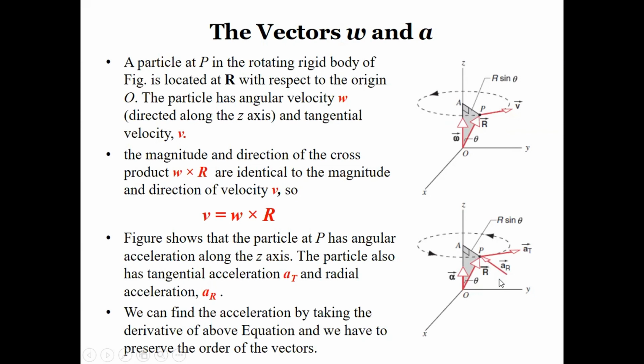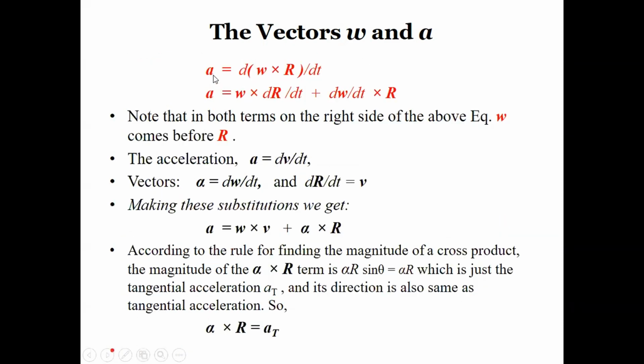So we can find the acceleration by taking the derivative of the above equation, v equal to omega cross r. Let us do this, but we must preserve the order of the vectors when we are taking the derivative. So acceleration is equal to d over dt of omega cross r.